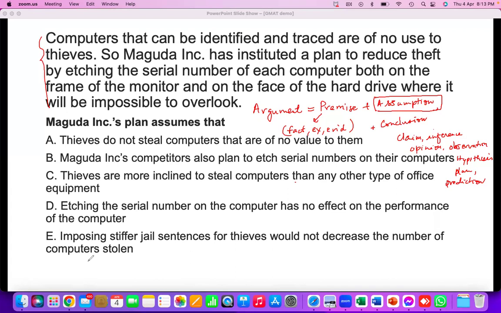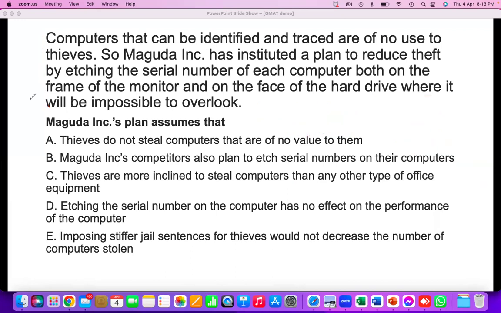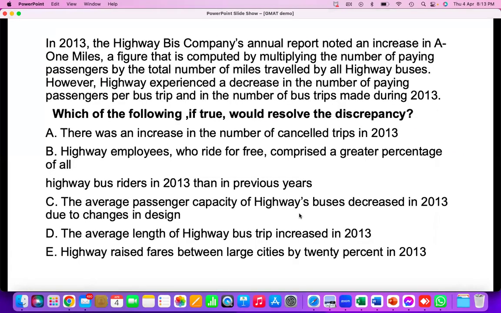Why companies should go ahead with the plan? No, right? So your answer is A. Okay. So this is how you figure out what is assumption. Now, try this question and then I'll explain.